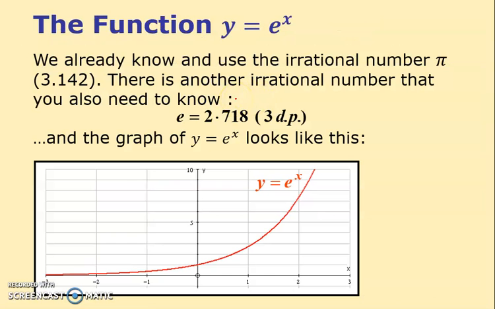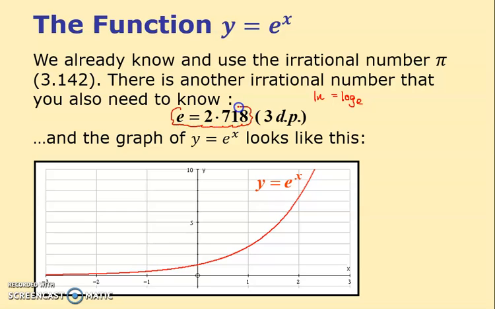The function e to the x is a funny old function. We already have seen certain funny numbers like pi, and we've seen this even before. When we were doing logarithms, we were told that the natural logarithm can be written, if we wanted to, as log to the base e, and this e is a funny old number.